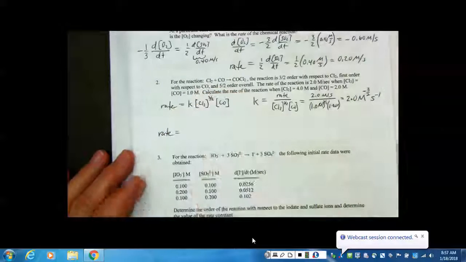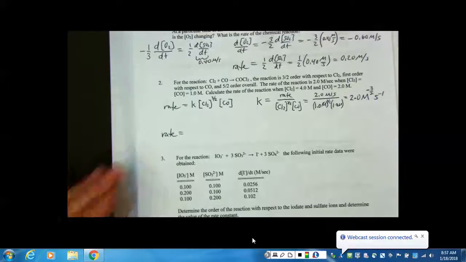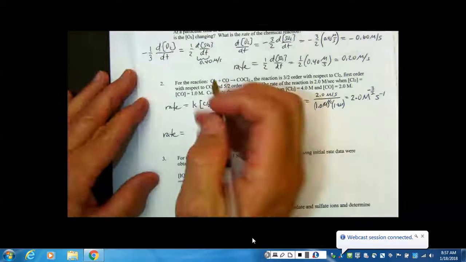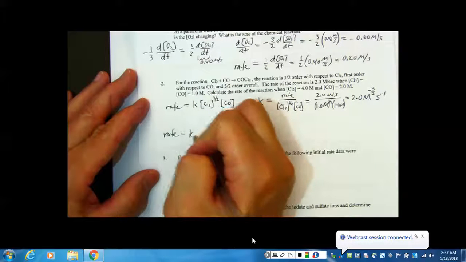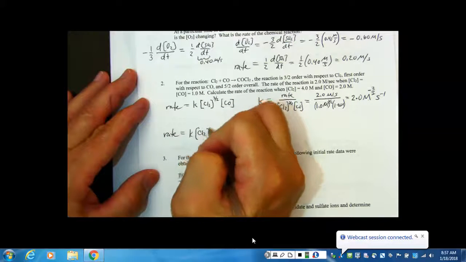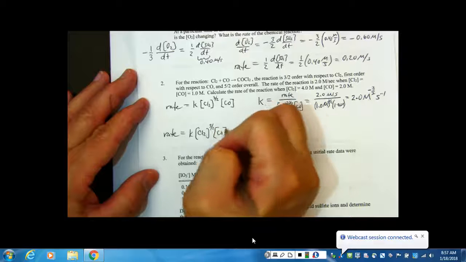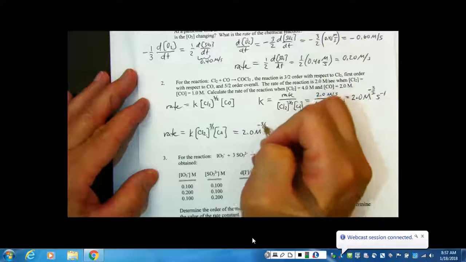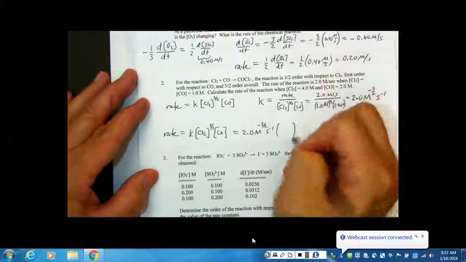So now how do I get the rate when the concentrations are 4 and 2? Just use the initial equation. I'd use K times the concentration of chlorine to the 3/2 times carbon monoxide. So K is equal to 2 molar to the minus 3/2, second to the minus 1.